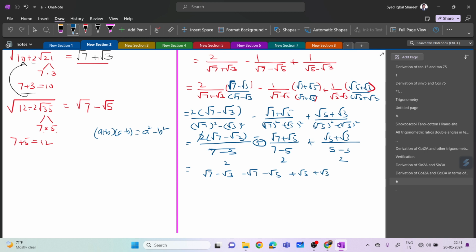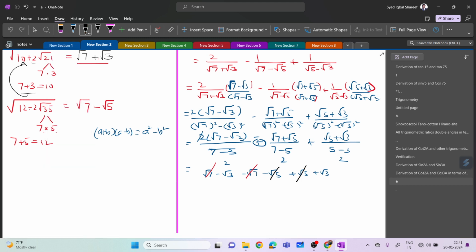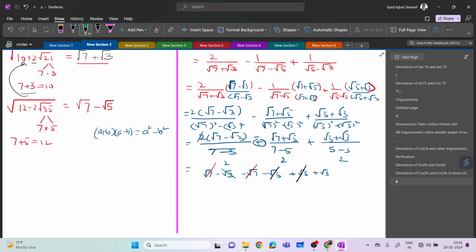See here: root 7 minus root 7 gets cancelled, minus root 5 plus root 5 gets cancelled, minus root 3 plus root 3 gets cancelled. So this is 0 by 2, which is 0, our right hand side.